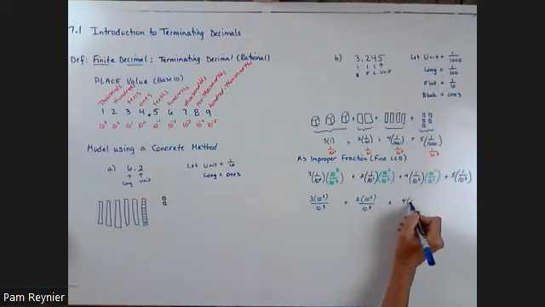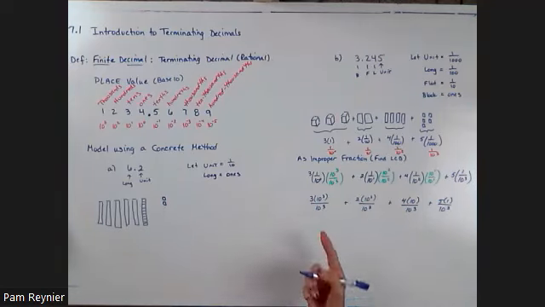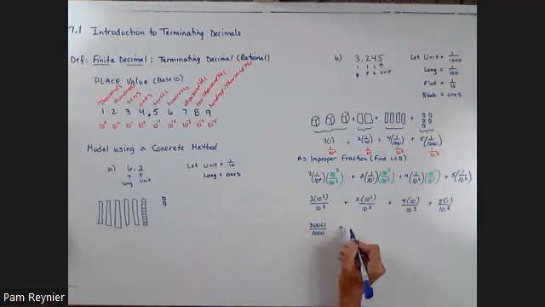This would be 4 times 10 over 10 to the third, and 5 times 1 over 10 to the third. Simplifying each term, 10 to the third is 1,000. 3,000 over 1,000. 2 times 10 squared, 2 times 100.